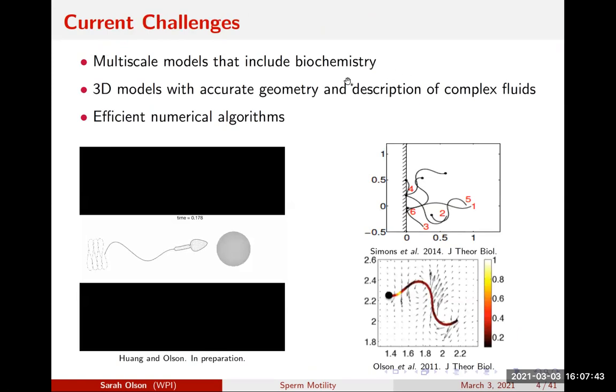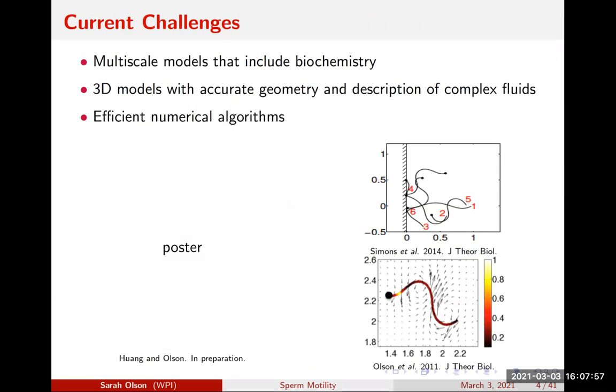As I mentioned, I know a lot of you on this Zoom session are very interested in different aspects of swimmers at low Reynolds number, and the different aspects that we've also been looking at. But the way I see it, there are a lot of current challenges. There's a ton of great work being done, but also a lot of open questions that remain.